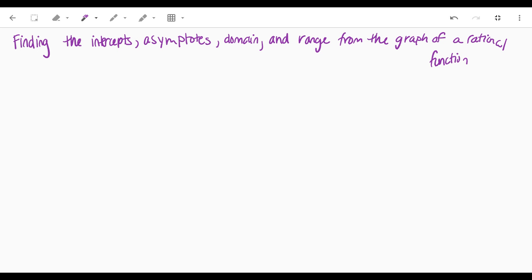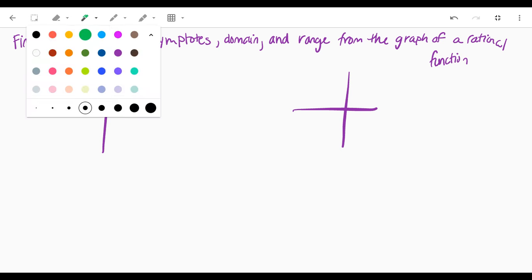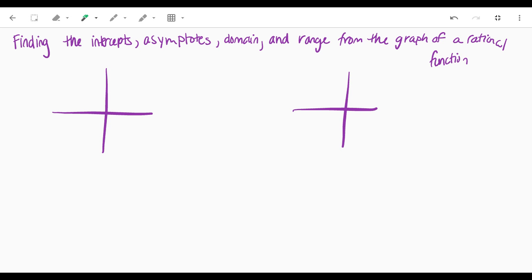Okay. So your rational functions will look two different ways. If you remember the hyperbolas that you did in Algebra 2, those are rational functions. So one rational function could look like this.